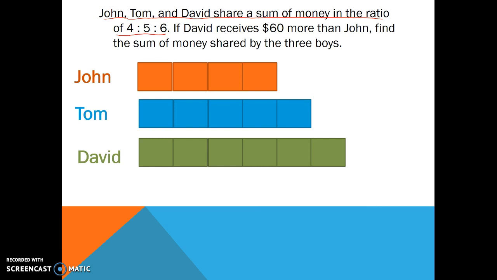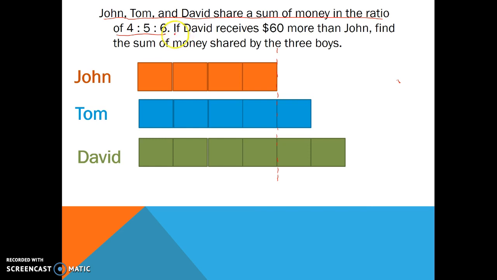All right, let's take this second bit of information here. David receives $60 more than John. Find the sum of money shared by the three boys. Okay, well, let's see what the difference first of all, between David and John is. And there's a dotted line just to show John's unit compared to David's units.